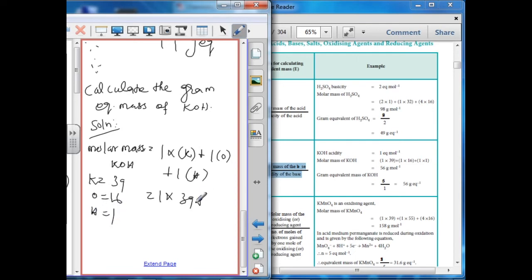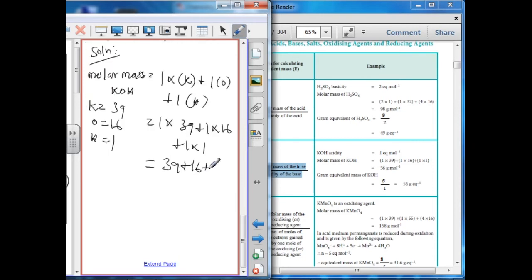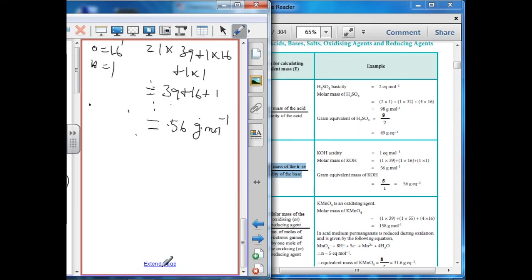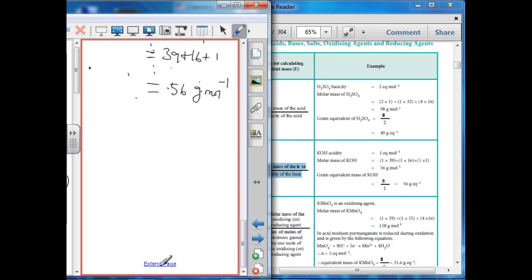So 39 plus 1 into 16 plus 1 into 1. So 39 plus 16 plus 1 equal to 56 gram mole inverse. Next, acidity of base.